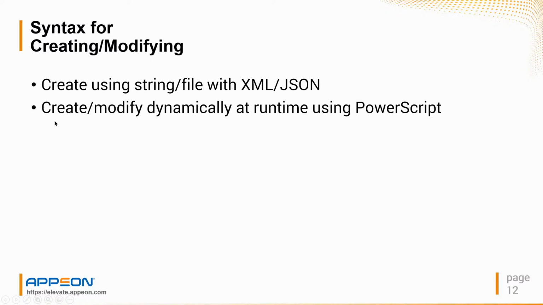I'm not sure I would create it using PowerScript because that would be rather tedious, but certainly you can modify it dynamically using PowerScript. So every one of those objects and properties I just got done describing, not only can you set in the XML or JSON, but then you can access them through functions in PowerScript. There's going to be some small variations in the syntax, and I'll cover those.